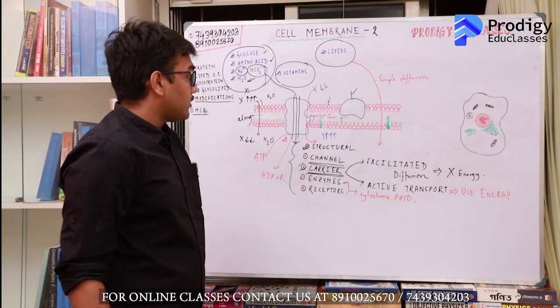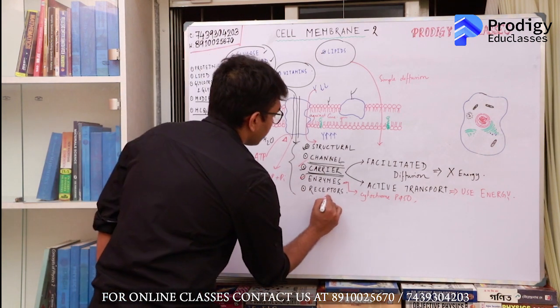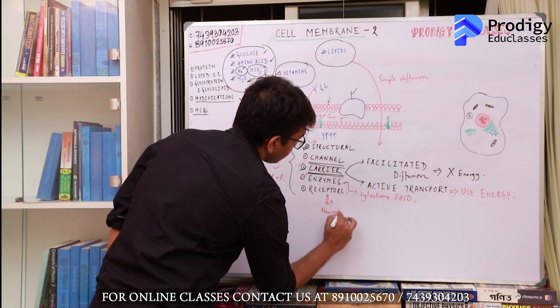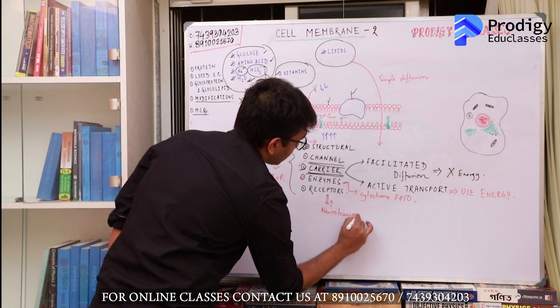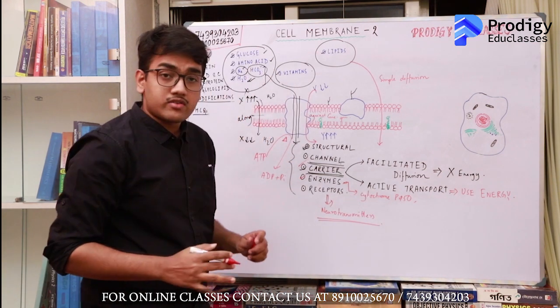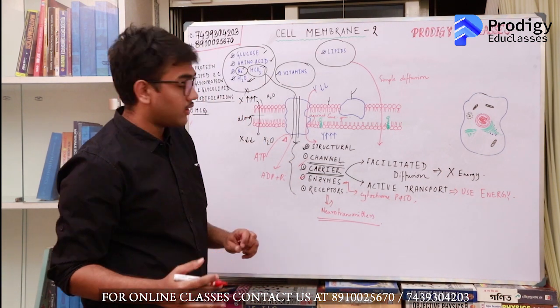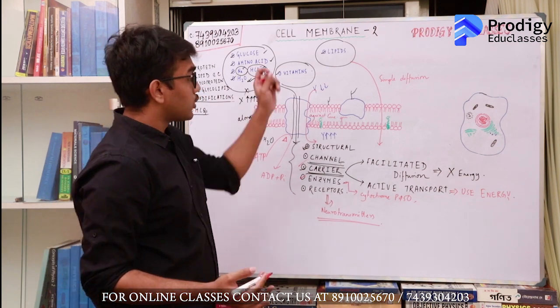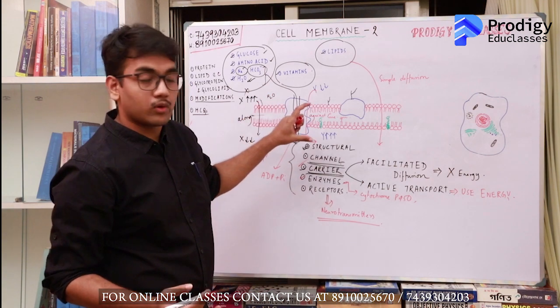Proteins will also act as receptors. If you look at substances such as neurotransmitters, you will find hormones, they will transfer various signals to the cell through these receptor proteins.